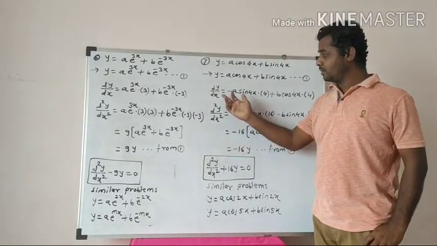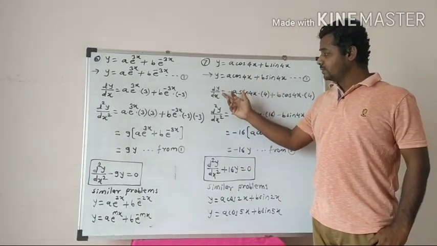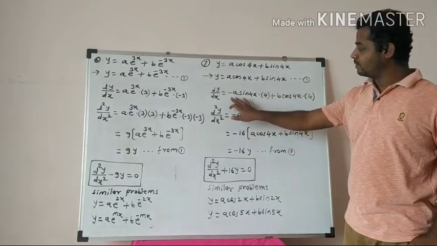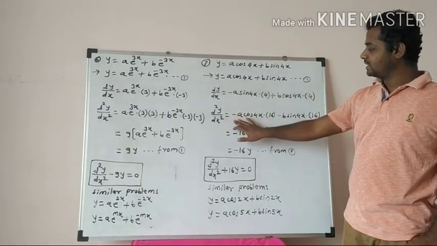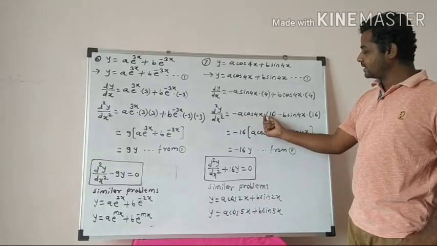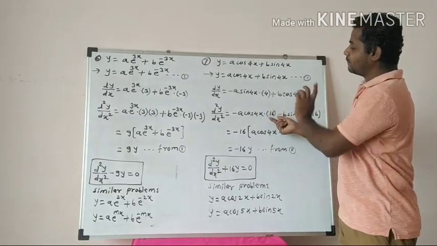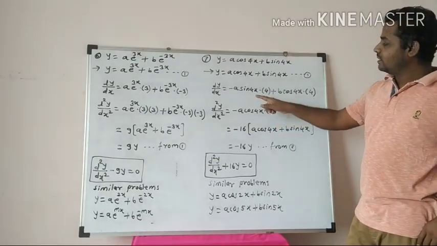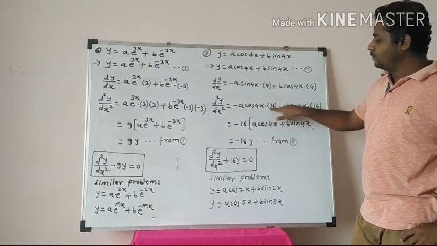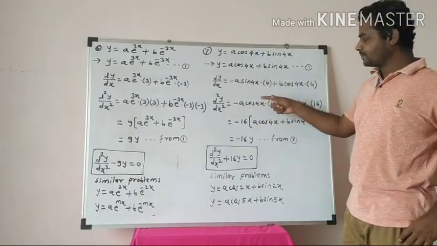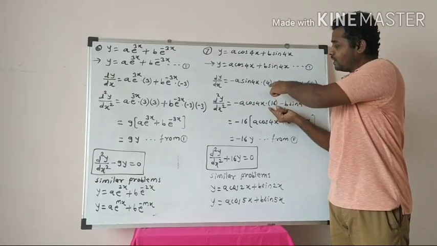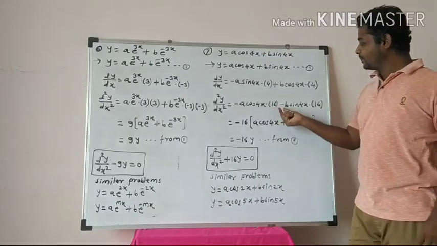One more time derivative because two constants are there. So dy by dx चा one more time derivative काढल्यानंतर we got d2y by dx square is equal to minus a, constant आहे, keep it as it is. Derivative of sin 4x is given by cos 4x into 4, old 4 becomes 16. sin 4x चा डेरिव्हेटिव्ह cos 4x into 4 and old 4 becomes 16.